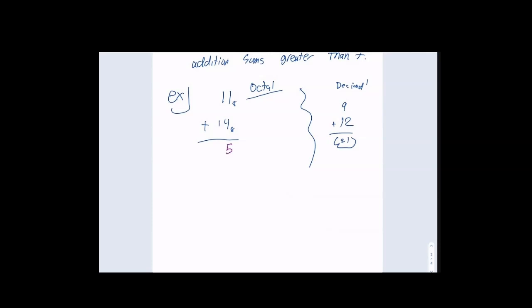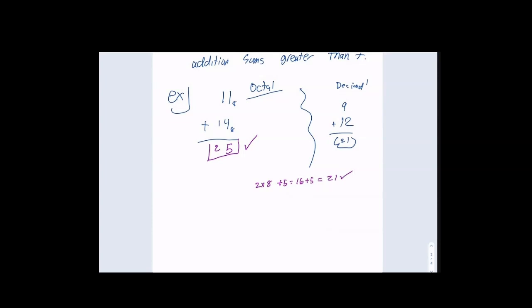No carrying, no anything. And 1 plus 1? 2. And that's my answer. And if you don't agree, this is the same thing as 2 times 8 plus 5, which is 16 plus 5, which gives me 21.